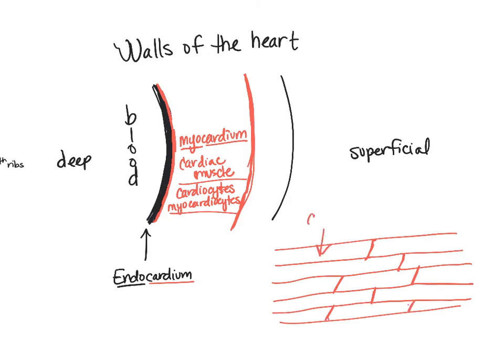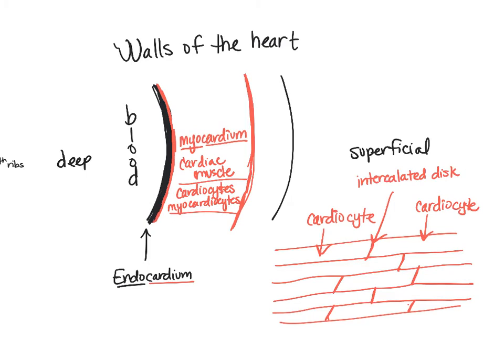So this would be one cardiocyte here, and this is another cardiocyte. And what I've drawn between them right here is something that's very specific to cardiac muscle, and that's called an intercalated disc.